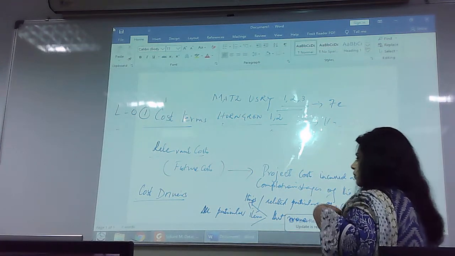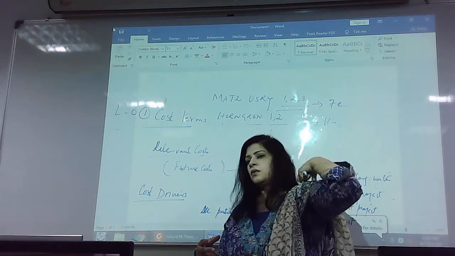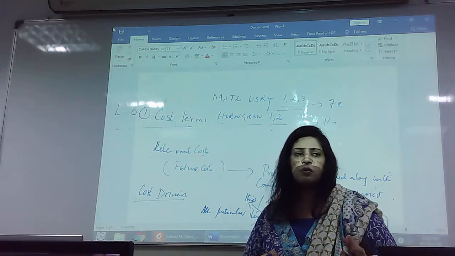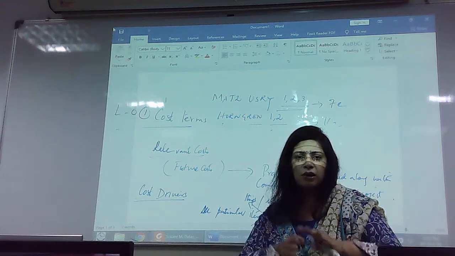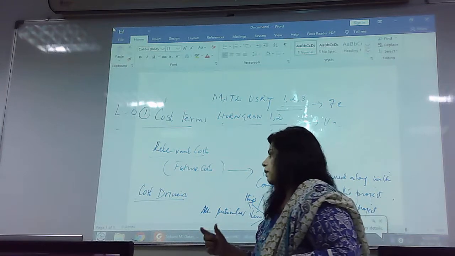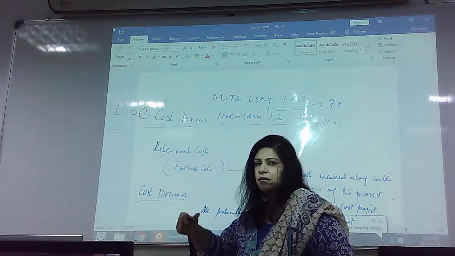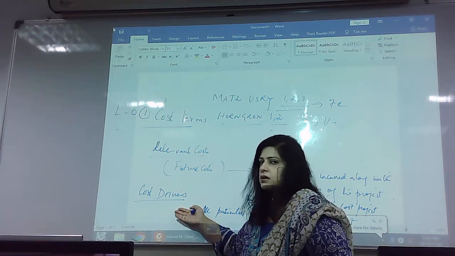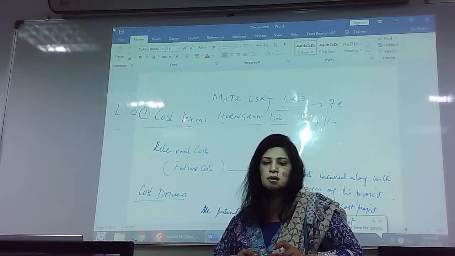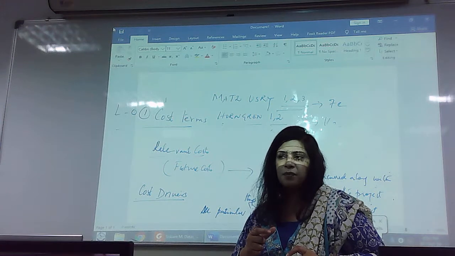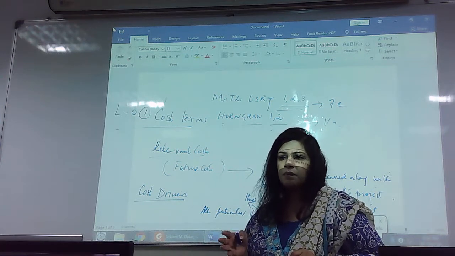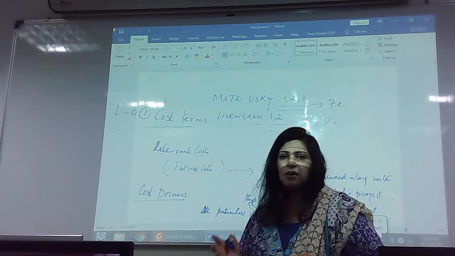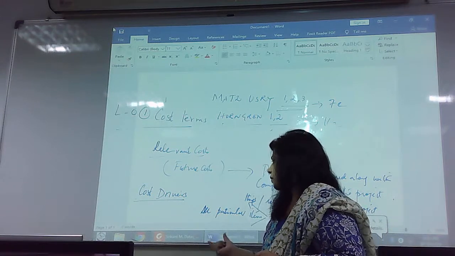So now the reason which would result in cost accumulation is dependent upon things that drive up the cost. And things that drive up the cost are cost drivers. It means that those things or relevant particulars that can raise the cost. So these are cost drivers.